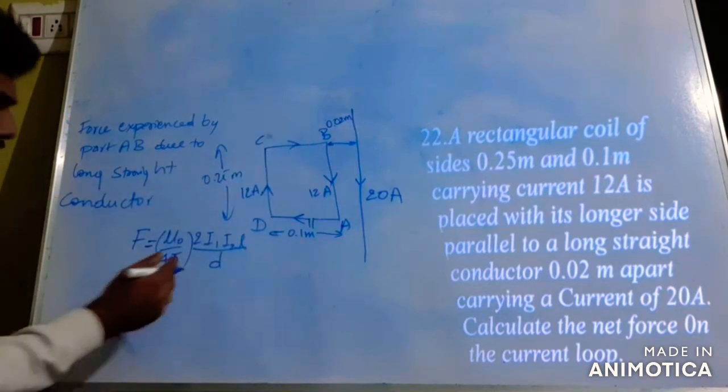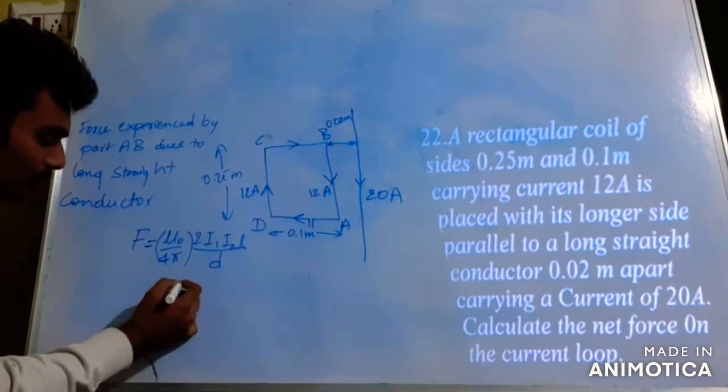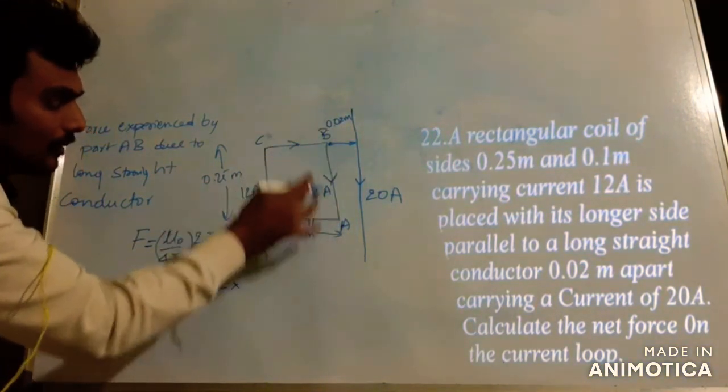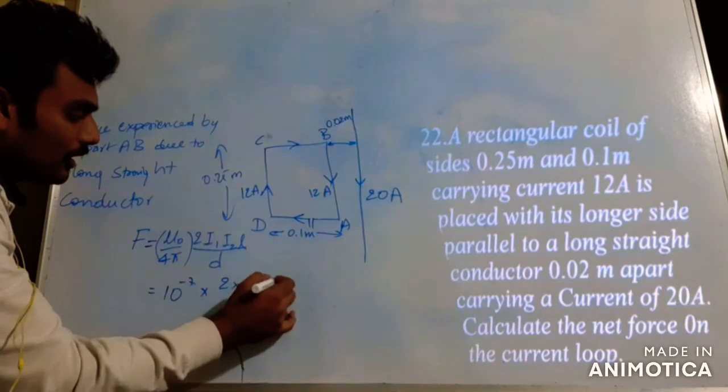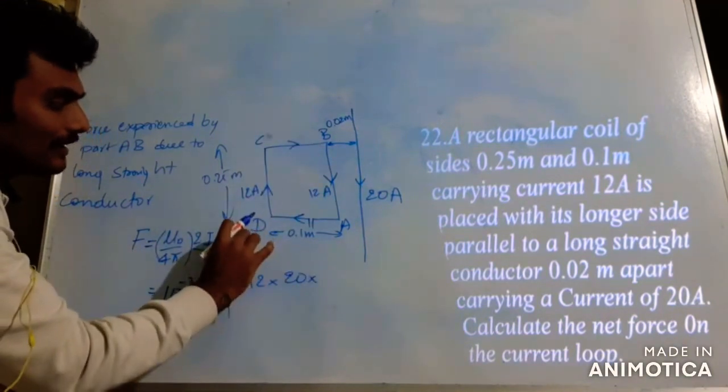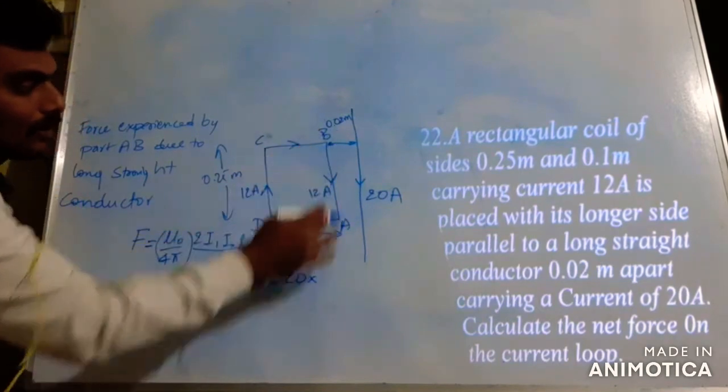Okay, so this is the magnitude of force, which is 10 to the power of minus 7 into 2. I1 is current through part AB, which is 12 ampere. I2 is current through the long conductor, which is 20 ampere. Length chosen is equal to length of AB.